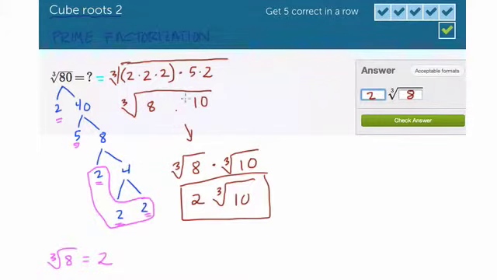But there are other examples that seem a lot more intimidating. We'll do 2 more. Okay, so clear this off. What if I gave you the cubed root of 135? Well, before with 80, 80 was even, we can always use 2. In a lot of these other examples, you'll be able to use 5. If it ends in 5, you know 5 is a factor of the number. So here we have 5 times what?